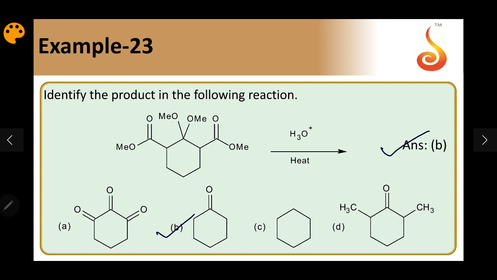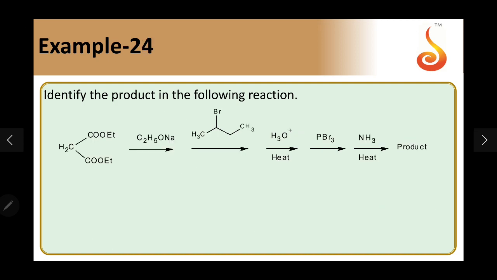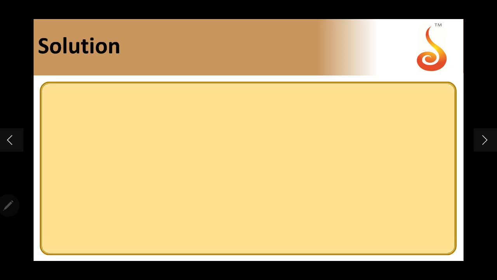Example 24. Identify the product in the following reaction. So we'll see the solution. In the given question, we have an active methylene compound. So CH2, COOEt, COOEt.